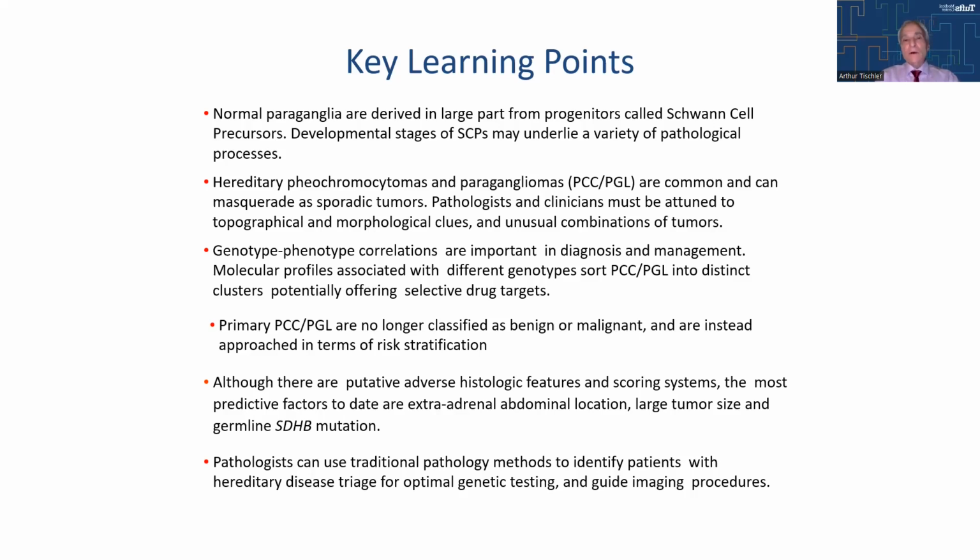To that, I might also add somatic MAML fusion and mutation and fusions and Wnt signaling, which seem to be aggressive tumors. And finally, pathologists can use traditional pathology methods to identify patients with hereditary disease, triage for optimal genetic testing, and guide imaging procedures.